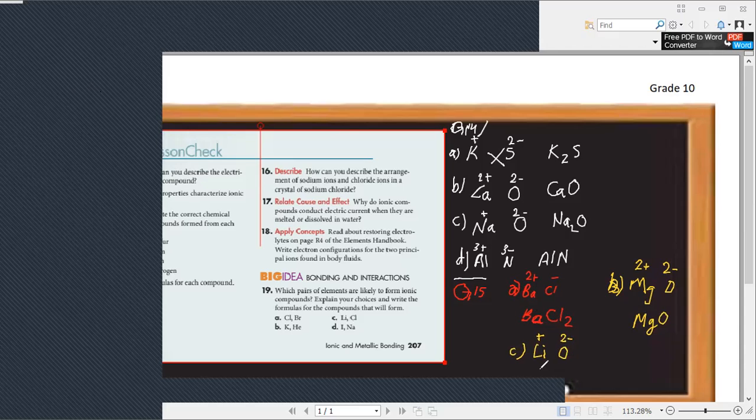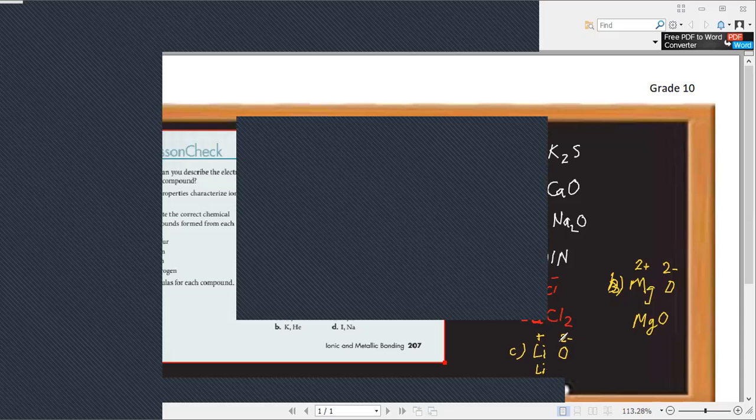So the chemical formula will be Li2O. Li2O. I need to hear the voice of Fahad. Li2O. Correct.